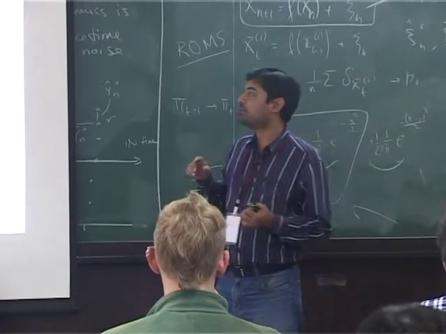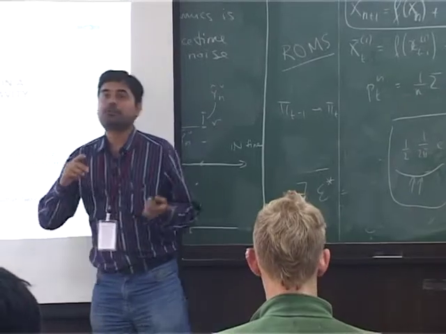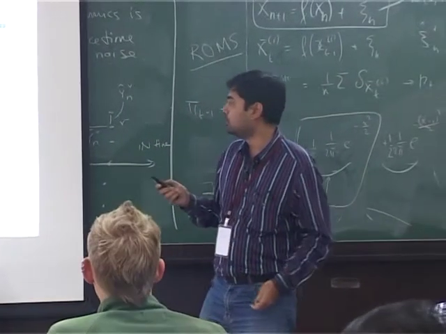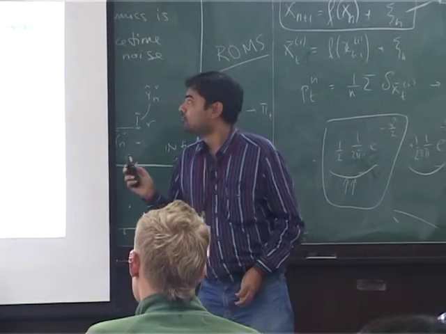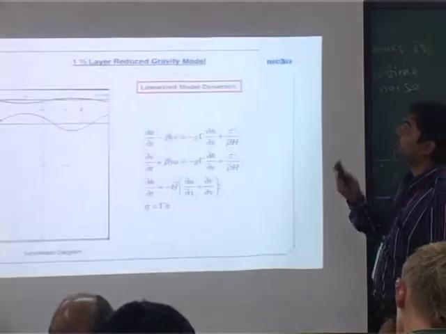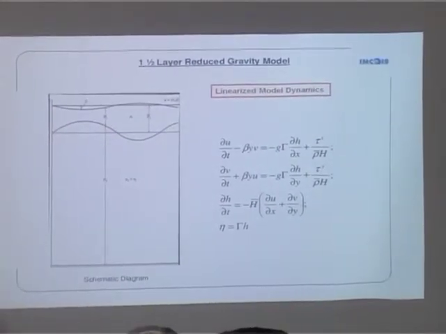So it doesn't capture all the finer details, but in a coarse way it does capture a few of the qualitative details of the oceans. This is what the model is all about. This is called a 1.5 layer reduced gravity model.